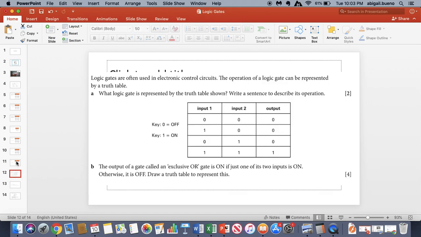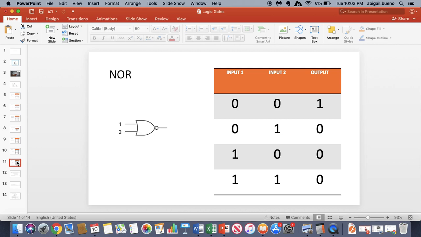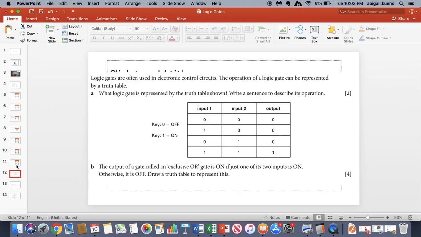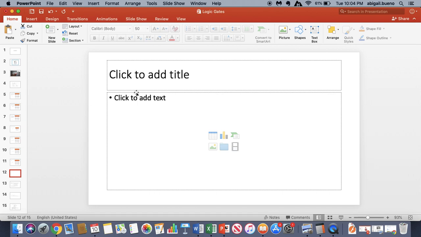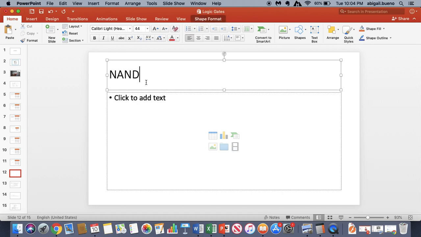Okay, same thing happens with the NAND gate. I don't have the slide for a NAND gate, but just remember that a NAND gate is NOT AND gate, or the opposite of an AND gate. How will the circuit symbol look?